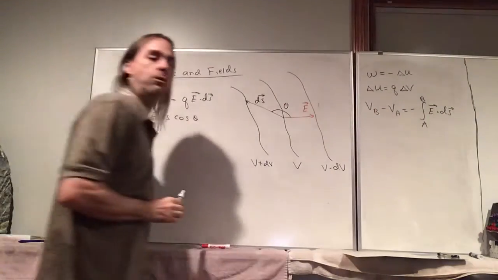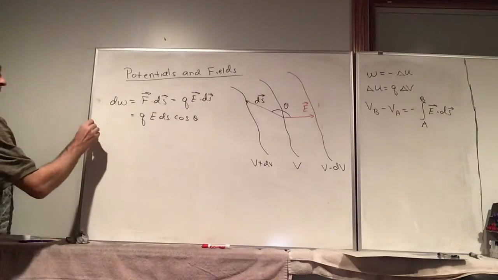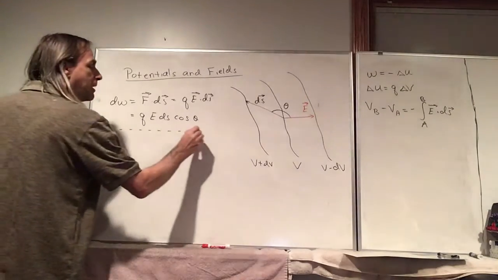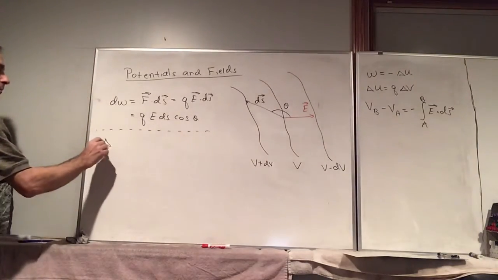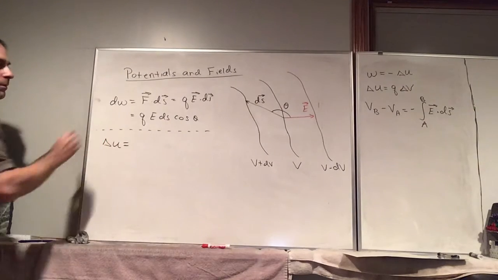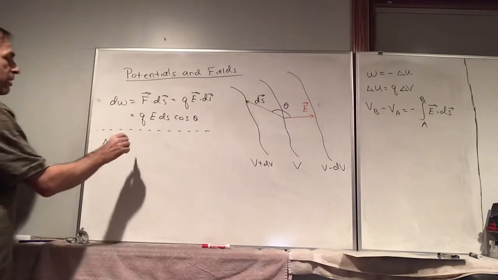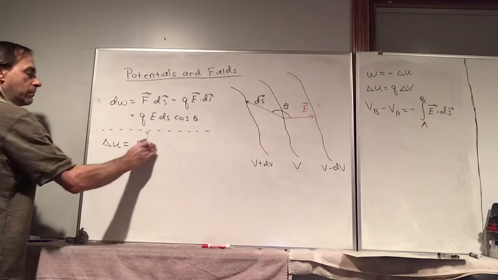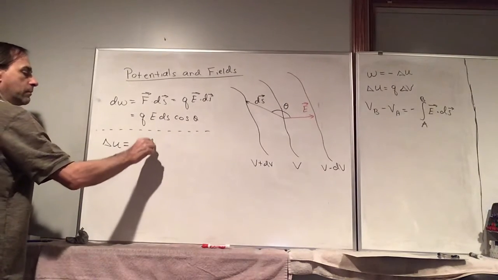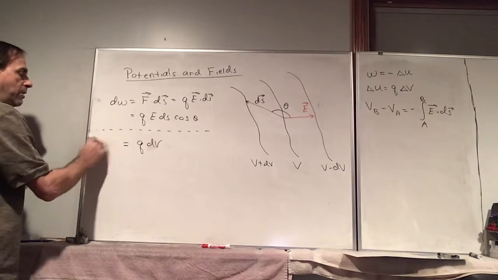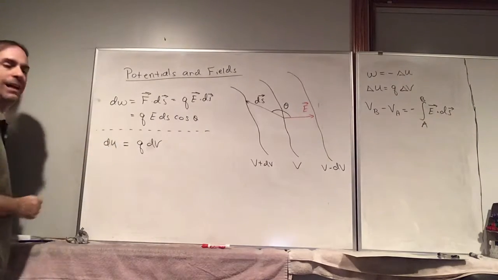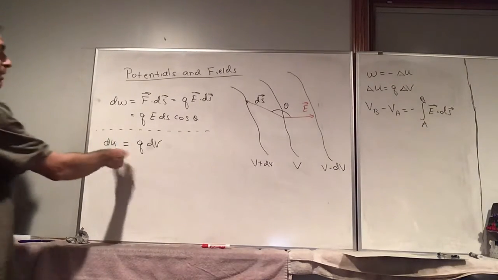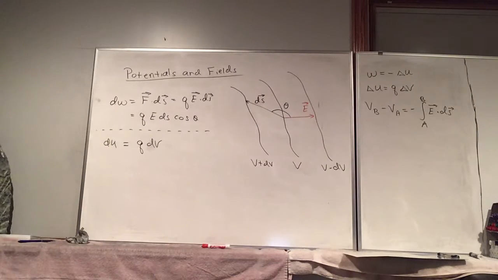Delta U is Q delta V. So if we look at the change in potential energy, that would just be Q dV. Let's call this dU as well. Again, tiny change in energy because it's a tiny displacement, small change in voltage.